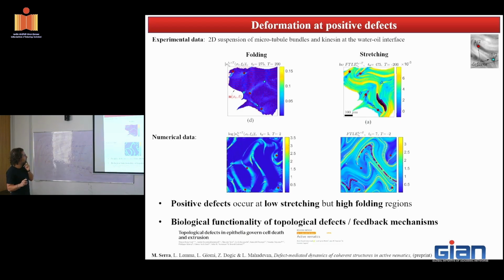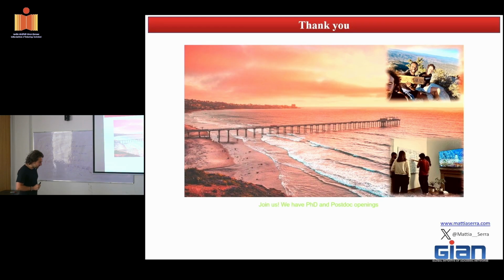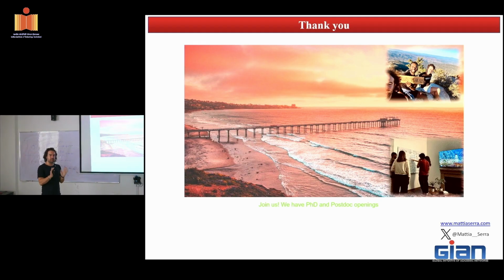So I hope that I gave you an overview of what types of coherent structures there are, and how you can think about or derive coherent structures. There are different types depending on the type of coherence or effect that you want on the deformation of tracers: time of coherence, Eulerian, Lagrangian, asymptotic.